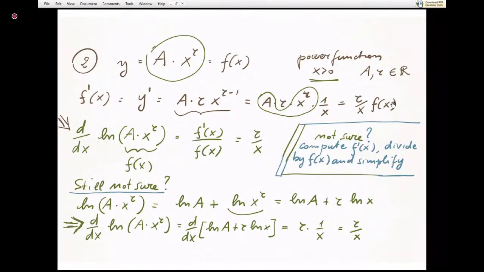And this is a very useful expression, because in many cases we have to compute f prime over f, which is the log derivative, or the relative rate of change. And the relative rate of change is already there. It's r over x. So for a power function, the relative rate of change is not constant. For an exponential function, it is constant.